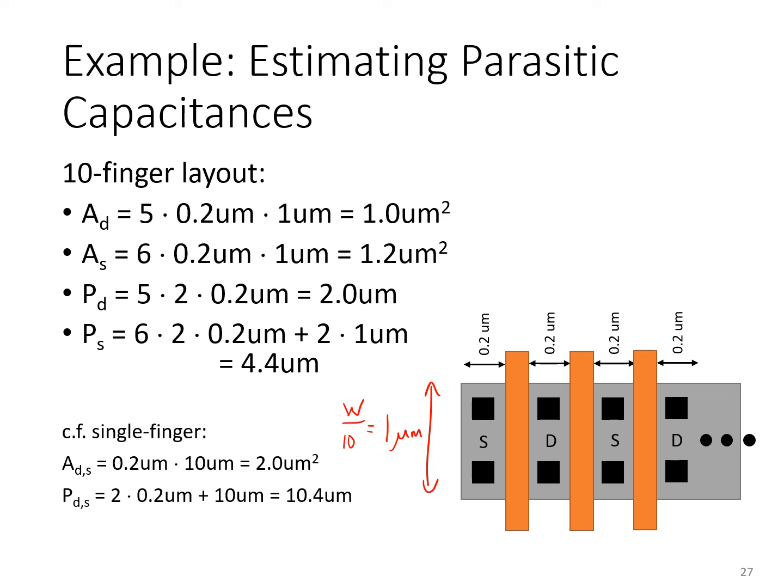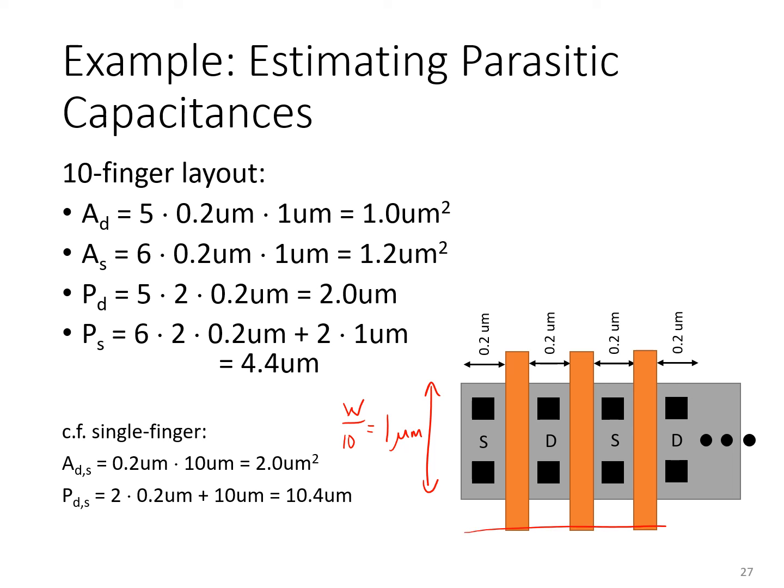And we simply need to connect those 10 transistors in parallel to realize effectively one transistor with the full width of 10 micrometers. And doing that is maybe not as difficult as it sounds.